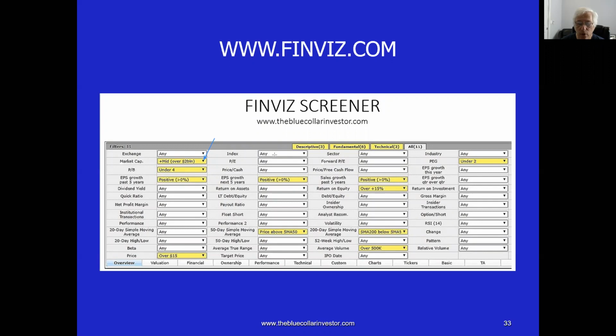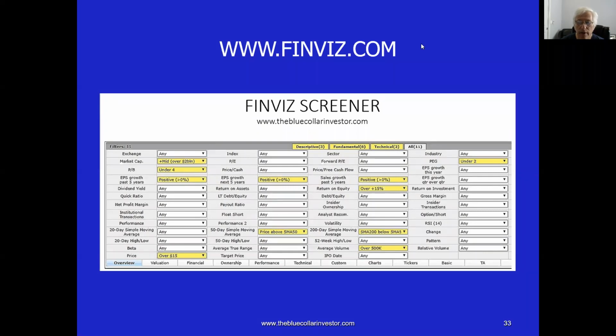You can put in the information and it will generate a list of stocks that meet all of those parameters. So once again, if you want a completely free screening service, you should give finviz.com some consideration. I still feel that the BCI premium member screens are the best, but again, I want to offer you a free way of getting these stocks as well.